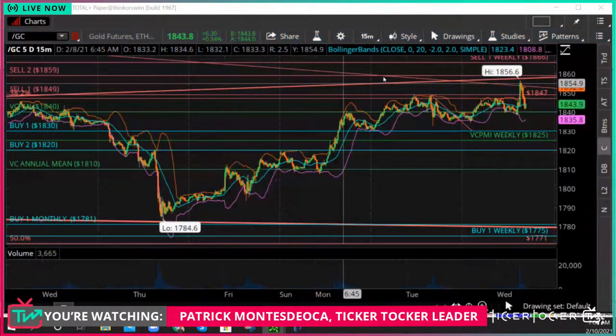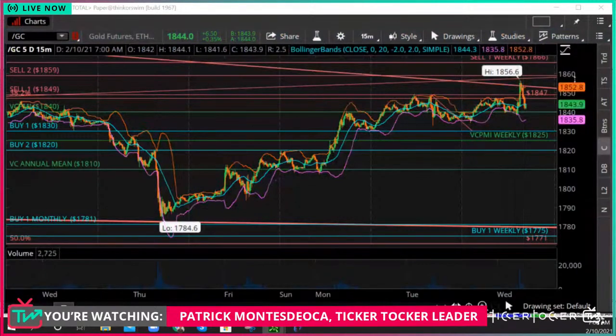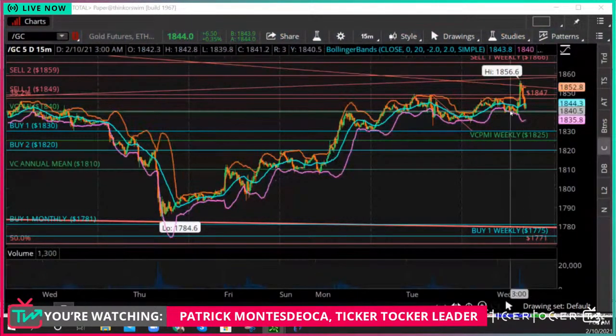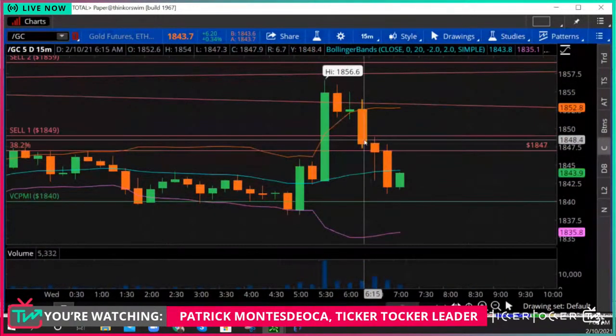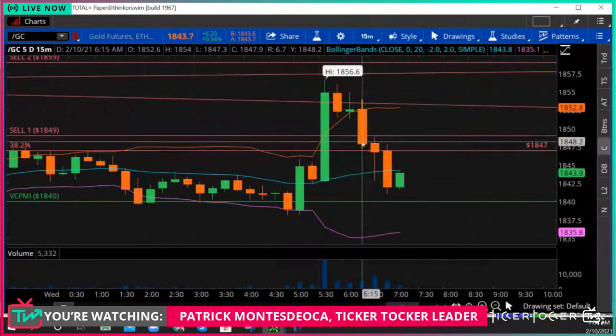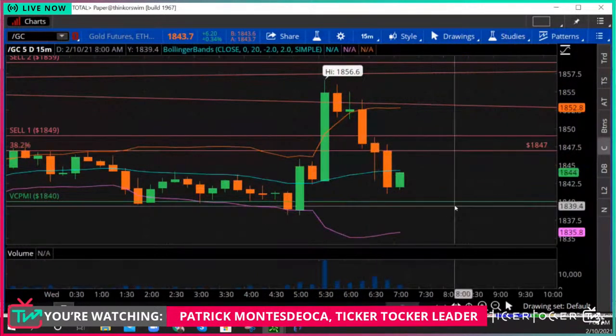So we have a bearish trend momentum in silver, and a short trigger has been activated on the daily signal with a target of 1840.